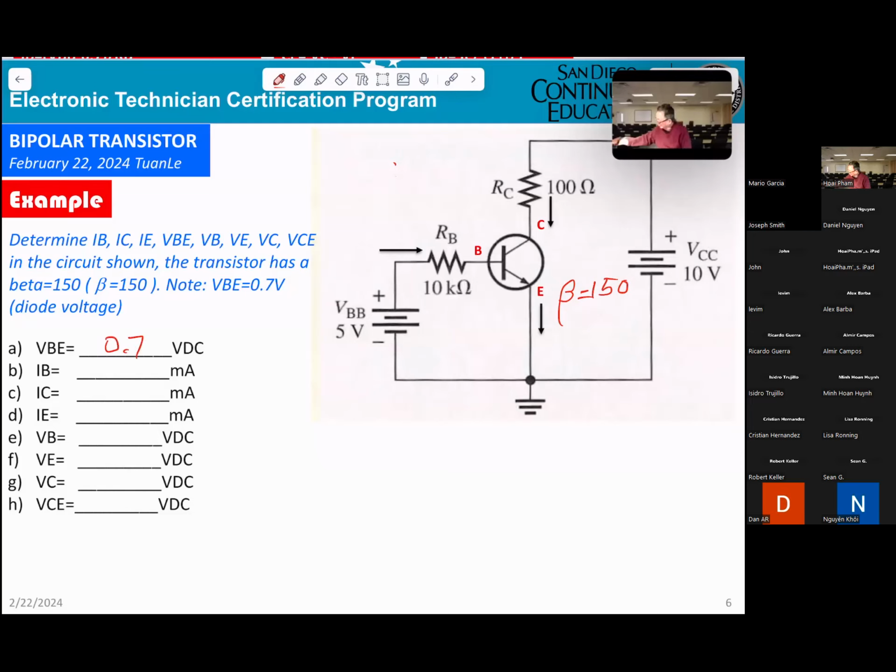And now they want to know the current IB here. Basically, I told you, you draw the loop current IB.